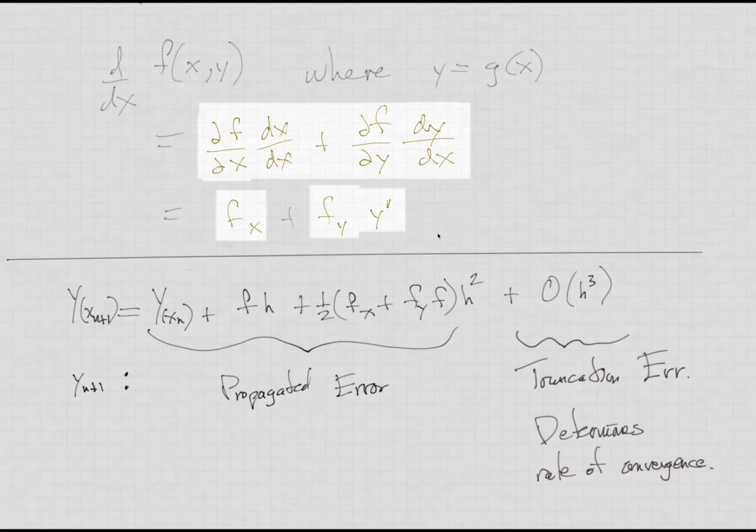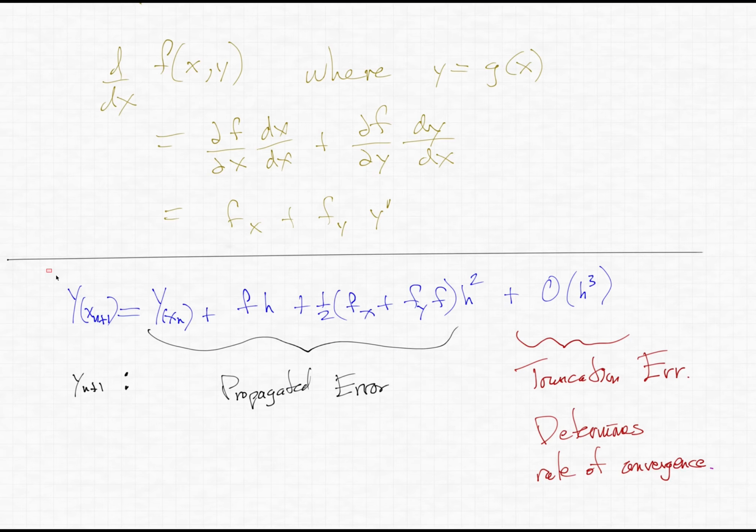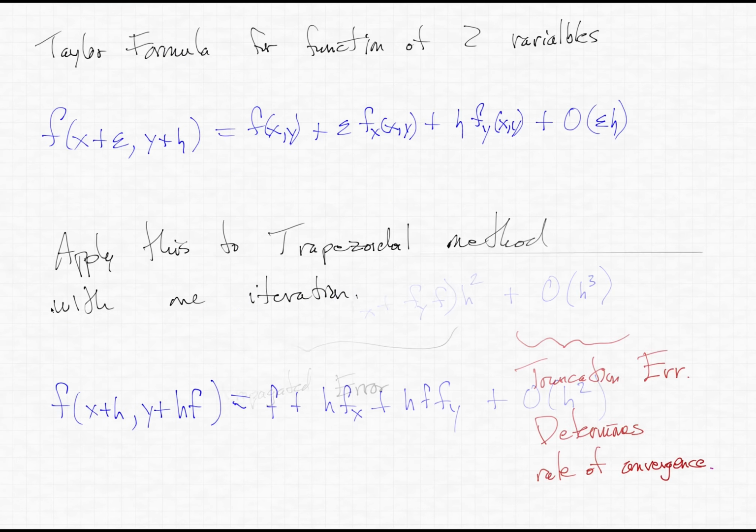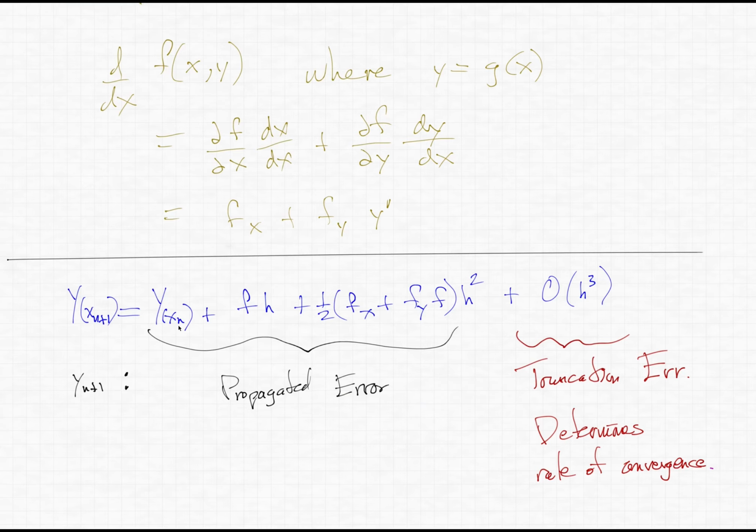Now, so let's see. Here I just copied that same formula from before over here, right? And the thing to notice is that this part of the expression is our calculation for the true value of y at the next x point, right?